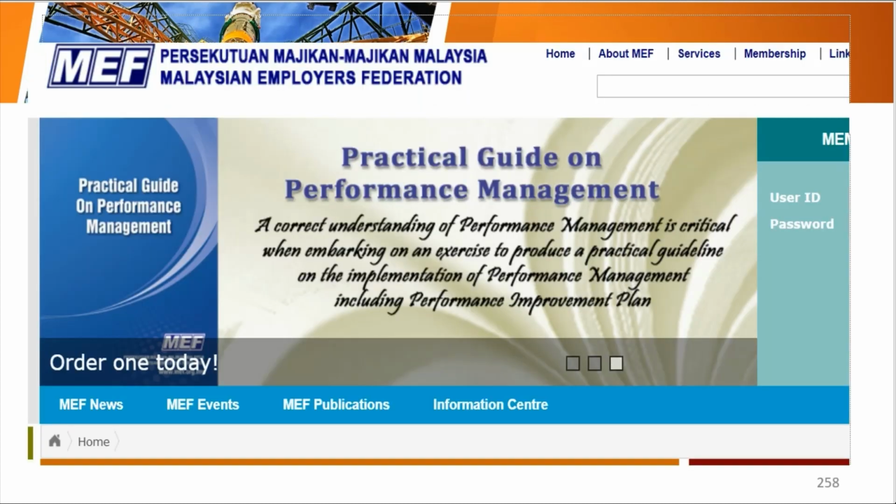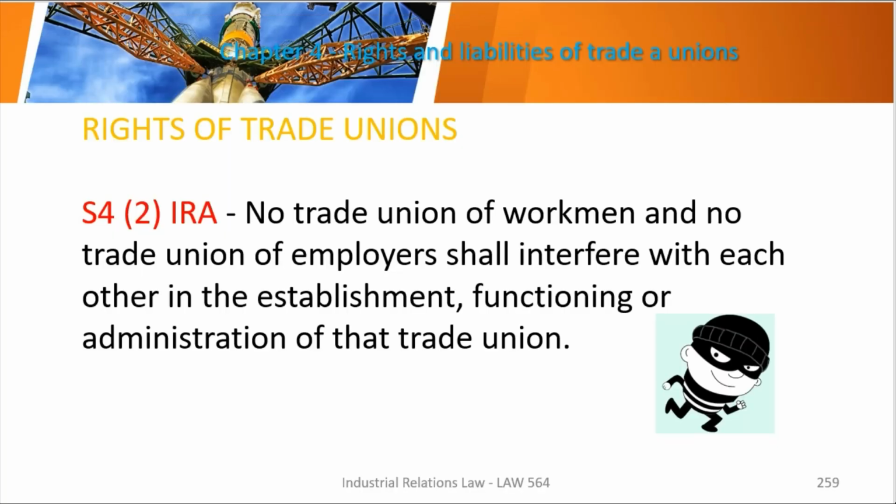So if you look at this, you have the Persekutuan example I'm giving here. Persekutuan Majikan Malaysia. This is the Employers Trade Union Federation. So rights of trade union under Section 4.2 IRA, no trade union of workmen and trade union of employers shall interfere with one another in terms of its establishment, functioning, or administration.